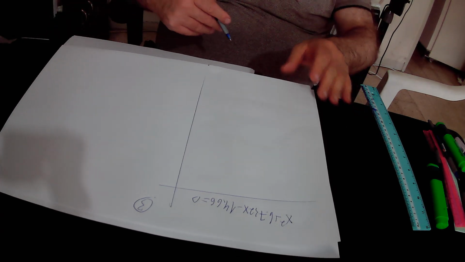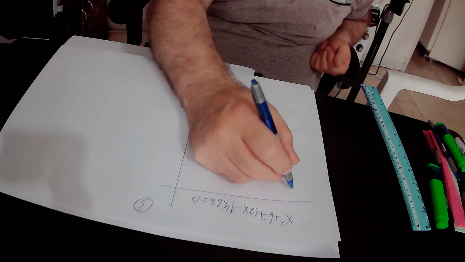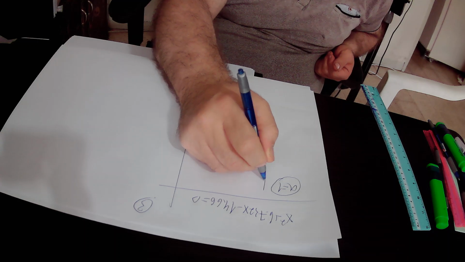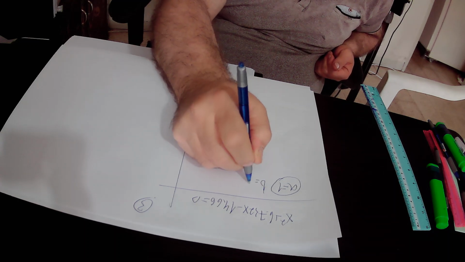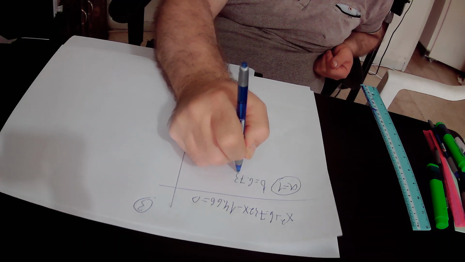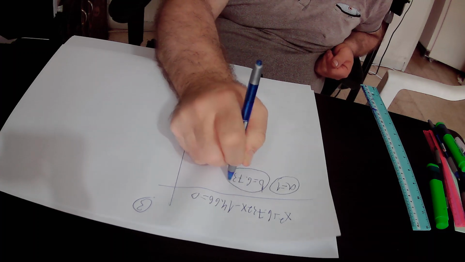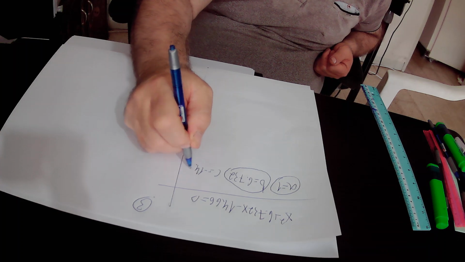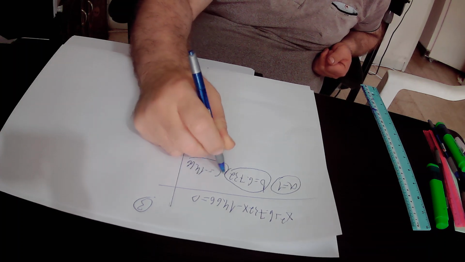The coefficient a equals to 1, the coefficient b equals to 6.732, and finally the coefficient c equals to minus 14.66.